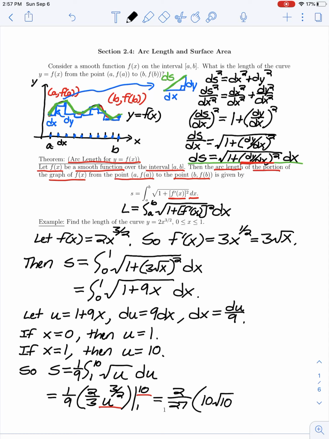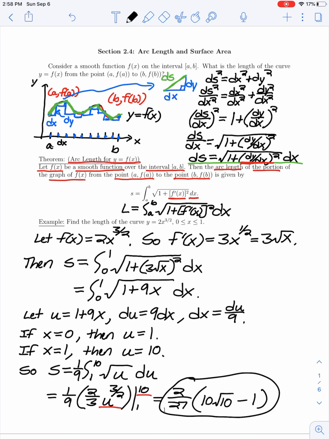So if we have 10 to the 3/2, that would be the same as 10 times the square root of 10. And then we subtract the value we get when we substitute 1 in place of u. So 1 to the 3/2 power would be 1. So this would be the arc length of this curve over the indicated x interval from 0 to 1.